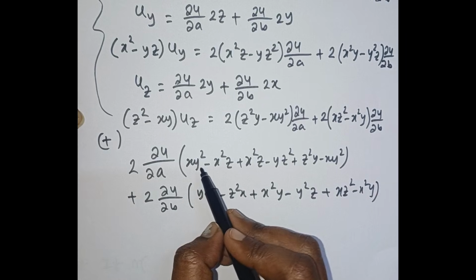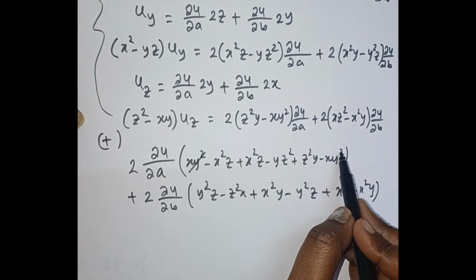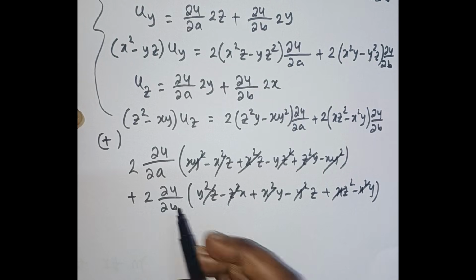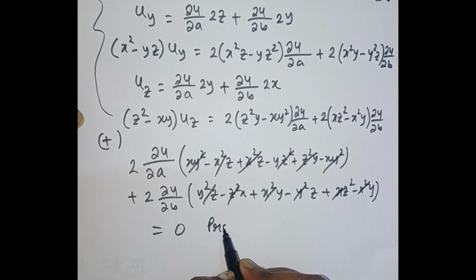Now you can see all the things will be cancelled out. Xy square minus xy square, yz square plus z square y, and everything is cancelled out. So answer is 0. Hence proved.